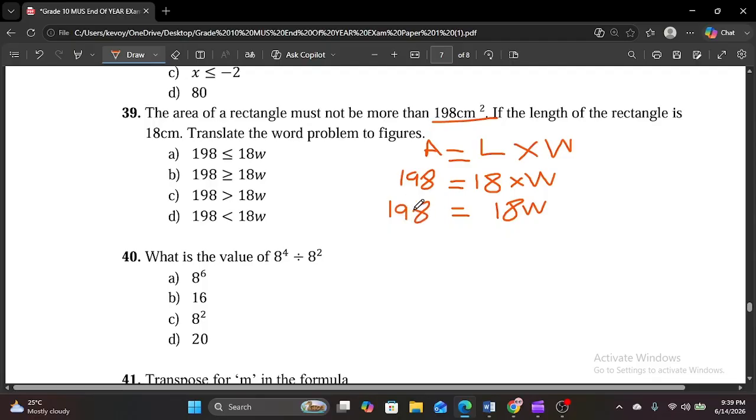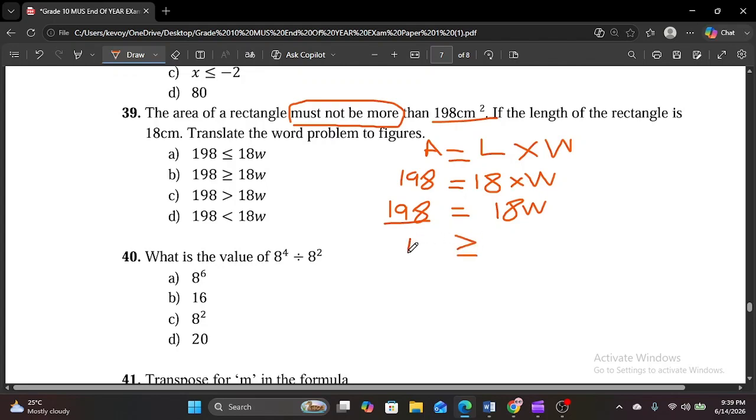All right, so next thing that I want to do now, after establishing all this, I am going to write it just as the word problem says. So it says that it must not be more than. So that means that the area must not be more than. So the length times the width must be either less than or equal to this figure right here, 198. So the less than sign is going to be right here.